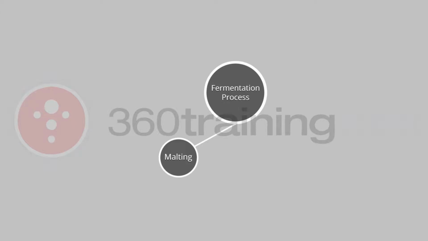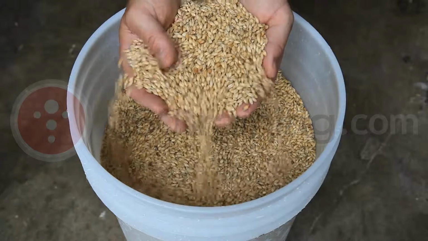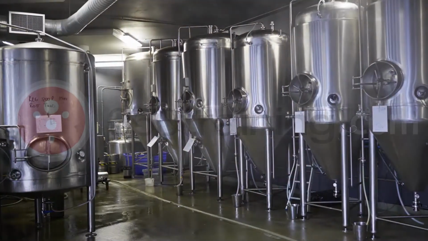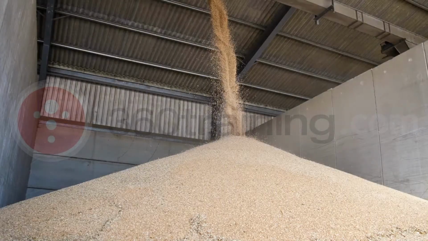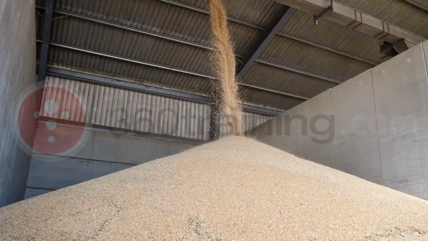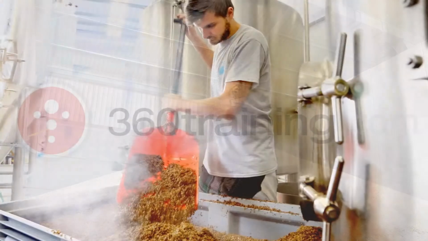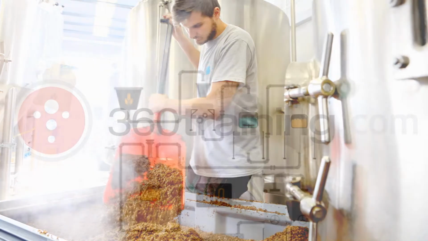Malting. Once the materials have been decided and sourced, they must be germinated in a malt house. From there, the grains are taken to a separate location where they are dried in a kiln and are sometimes roasted.